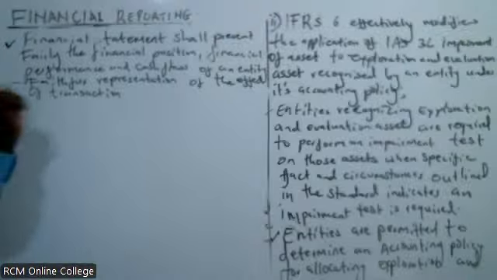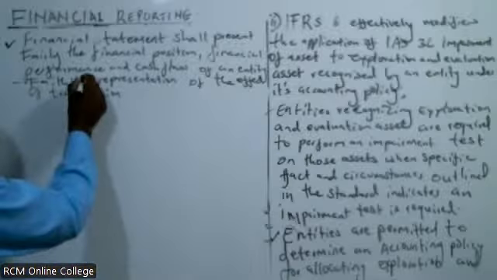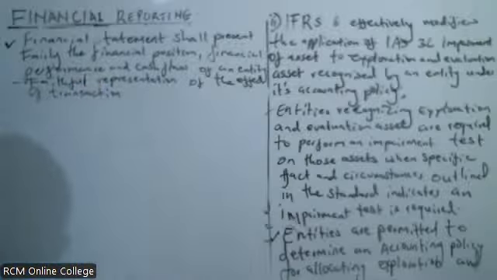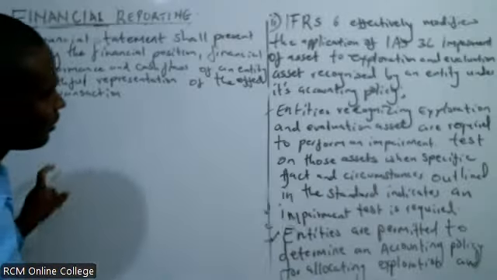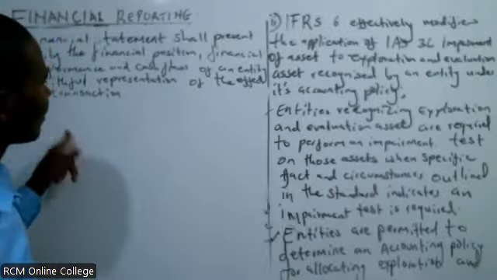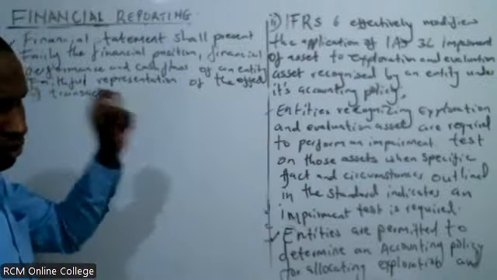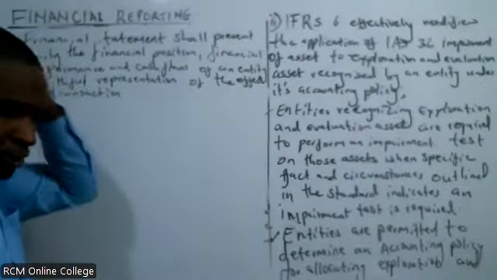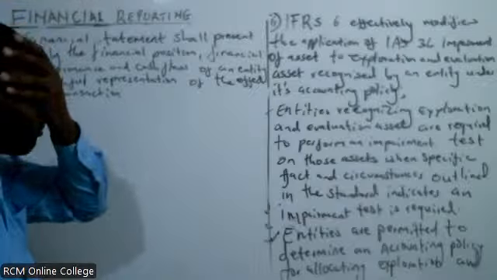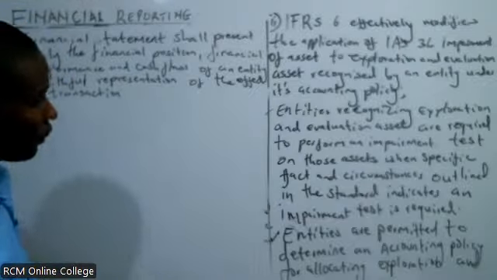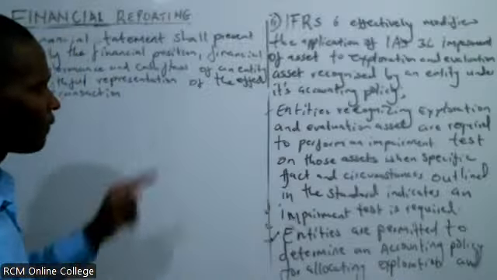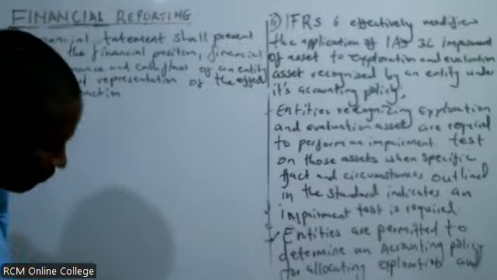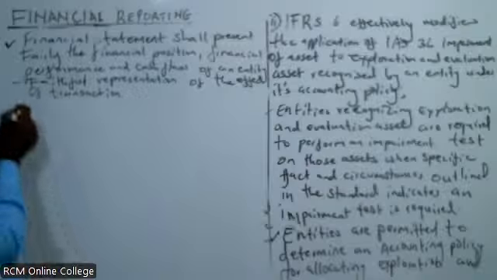So there should be a faithful representation of all those items in regard to the IPSAS standard. So statement of financial position, statement of comprehensive income, and cash flow, the items that are displayed there should reflect a true and fair view.